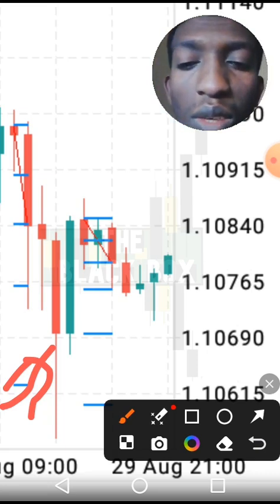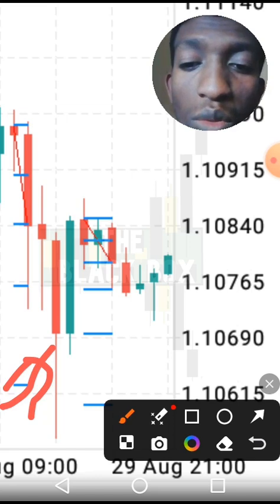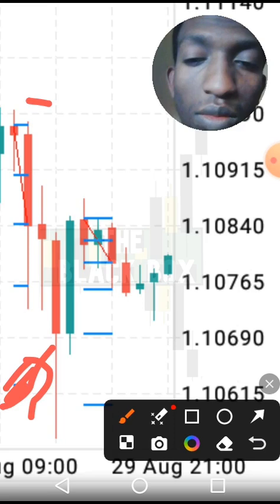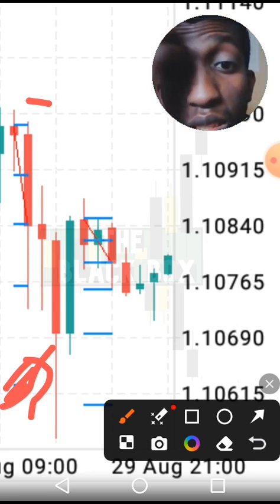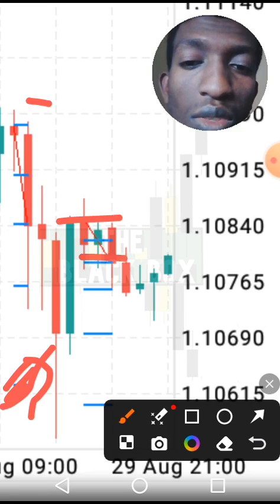So what do you do now? You took partials, stop loss still intact up there, you wait. You don't care if other black boxes fall, but you can take a trade based on the new one.